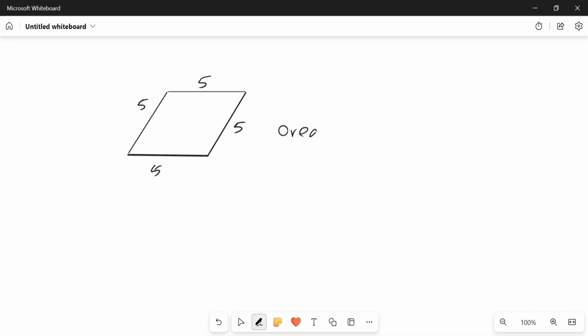So the area of a rhombus is base into perpendicular height. So you can draw the perpendicular height from any corner or anywhere. This is the height. Say that is 4 centimeter. Then area is 5 into 4, 20 centimeters squared.